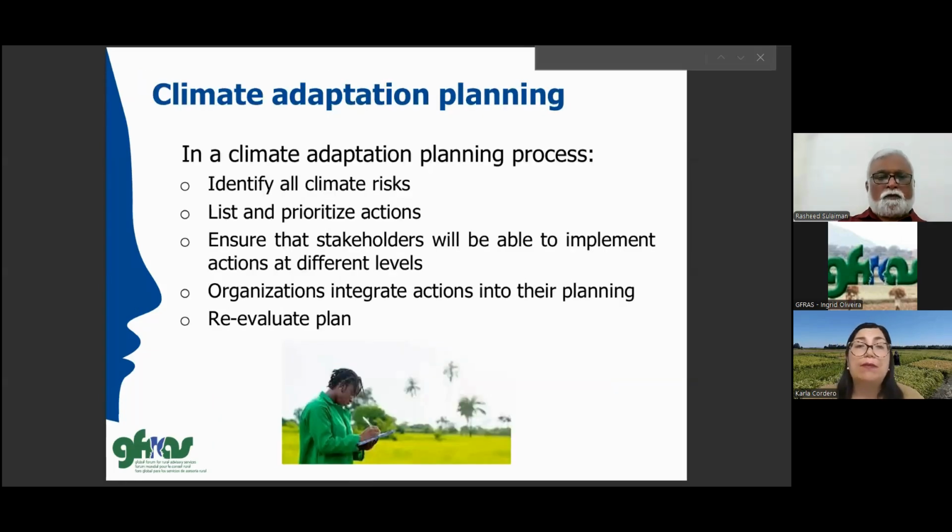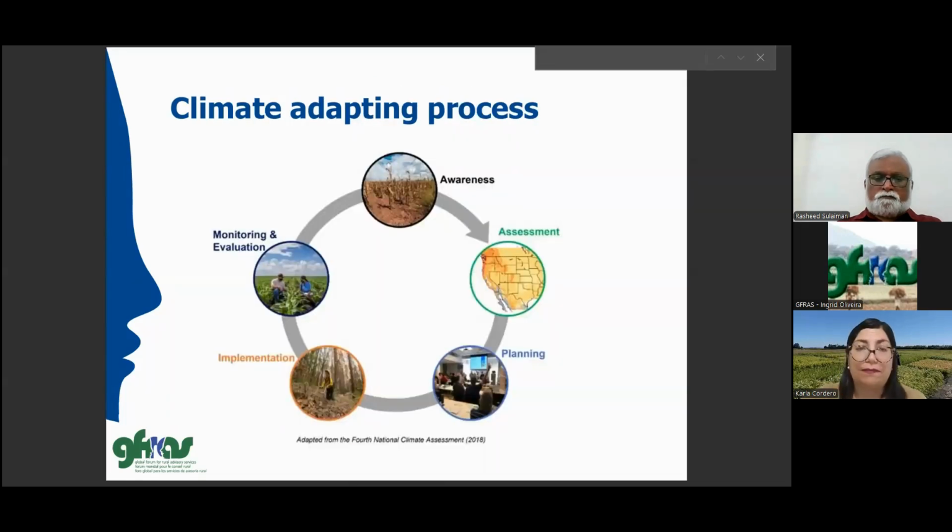So also we have climate adaptation planning as an example. How can we do this? Identifying all climate risks, listing them, prioritizing them, and some actions, and ensuring the stakeholders will be able to implement these actions at the different levels. The organizations integrate these actions into their planning and also evaluate and then reevaluate this plan.